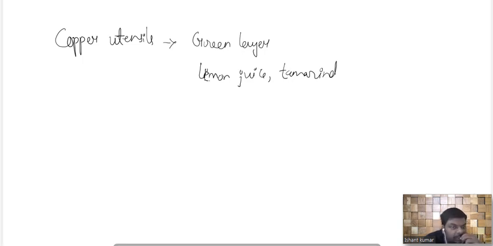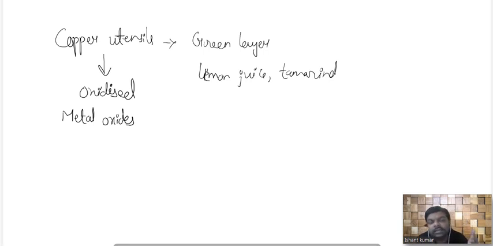Here, when copper utensils get oxidized, and I have told you before also that when oxidation of metal takes place, metal oxides are formed. The metal oxides have basic nature.